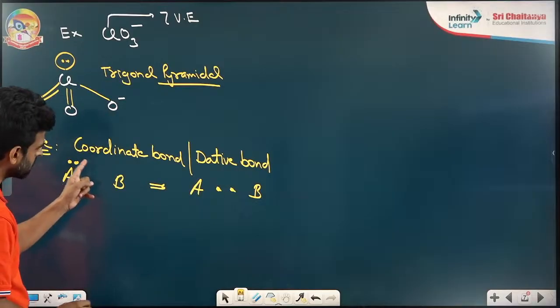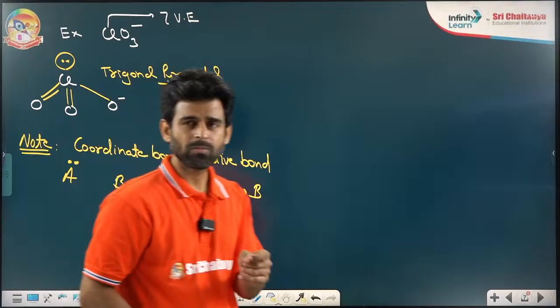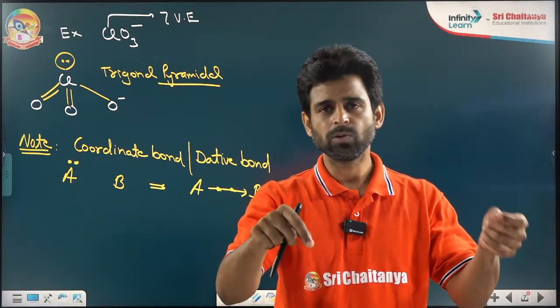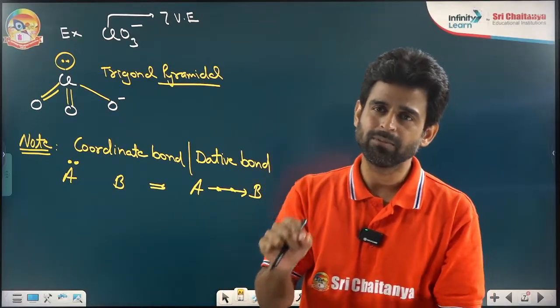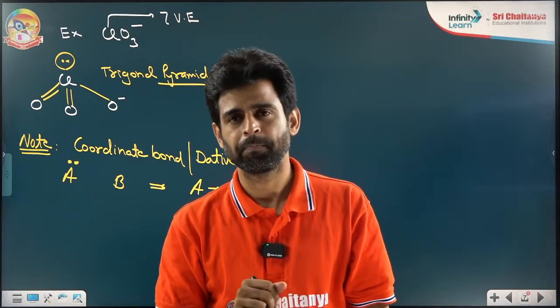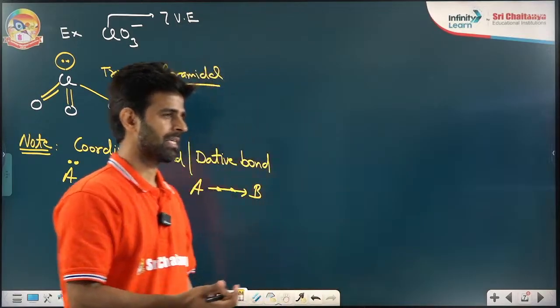So A is using both the electrons in making this bond. In a normal covalent bond, A gives 1 electron, B also gives 1 electron to make the bond. But in a coordinate bond or dative bond, both the electrons will be given by only 1 atom. Clear?